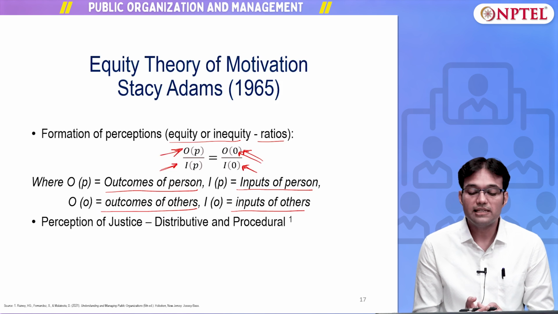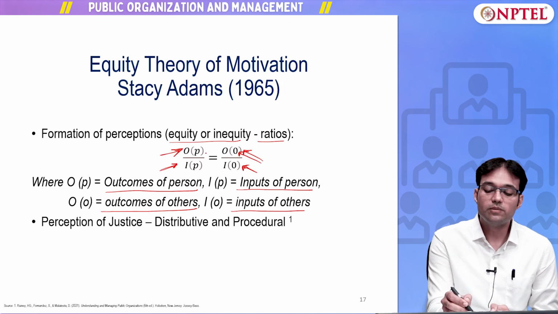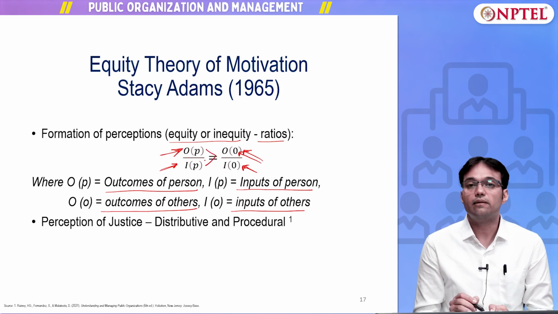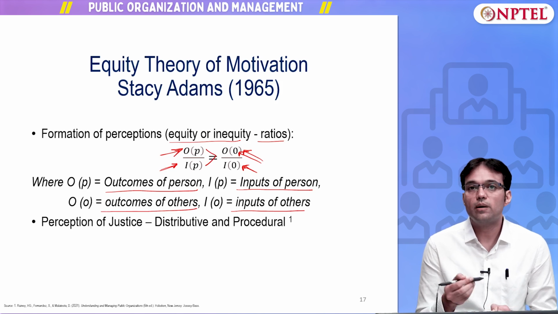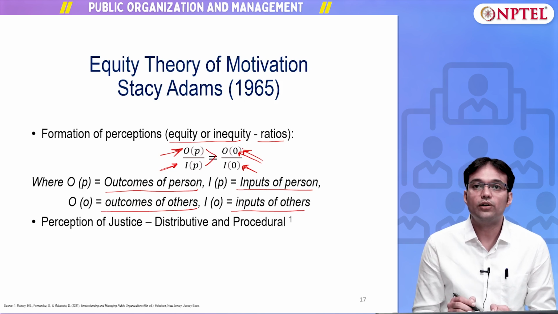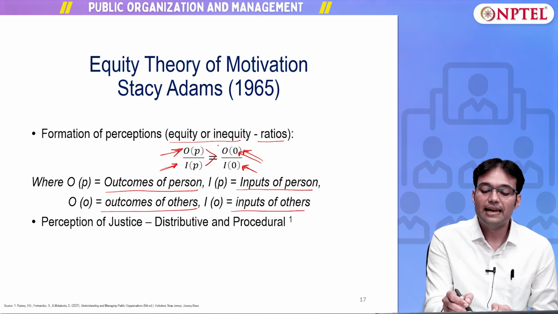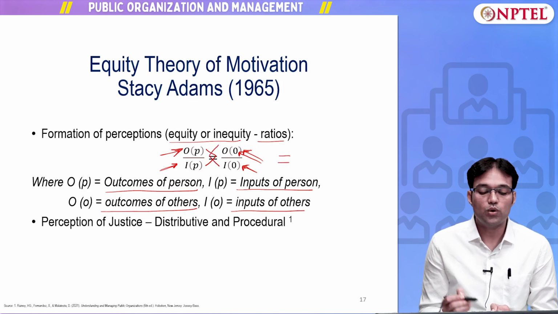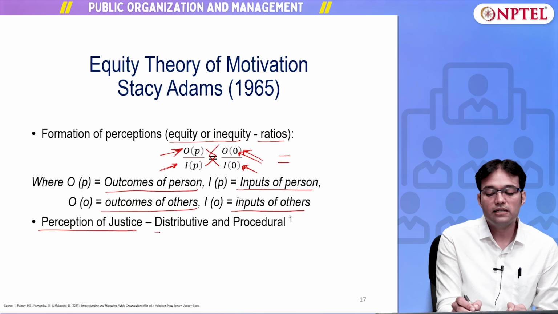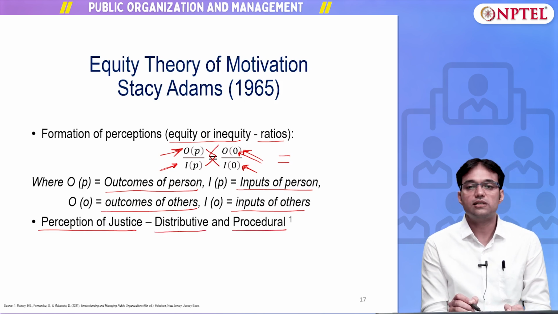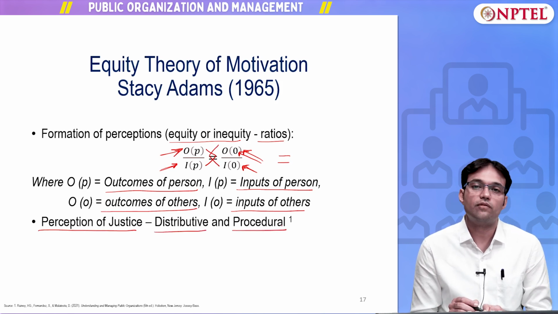Sometimes you experience that your output-to-input ratio is more than others', or it could be lesser, or it could be equal. Now, this perception also has roots in distributive and procedural justice. Let's say we are evaluating somebody's performance.